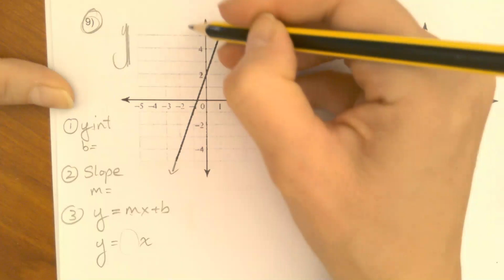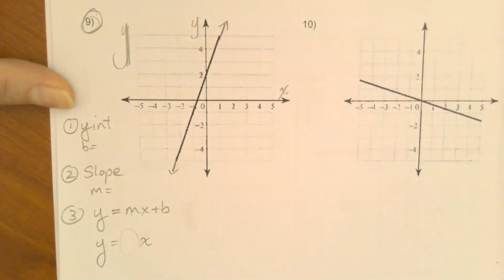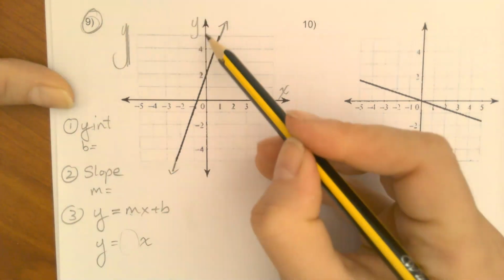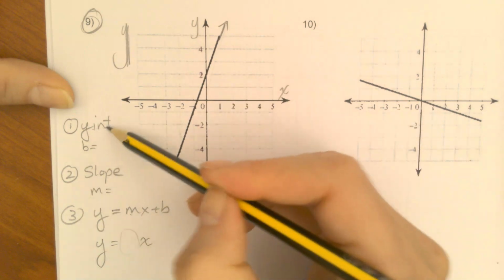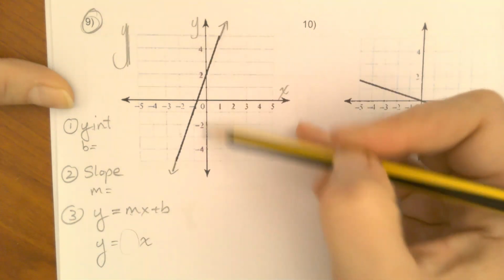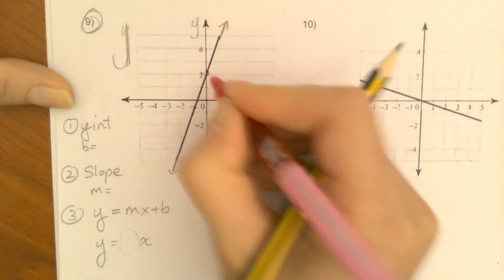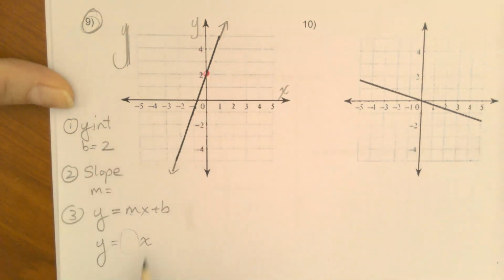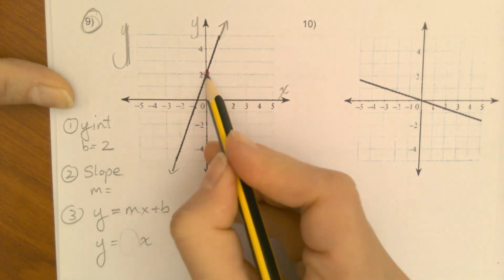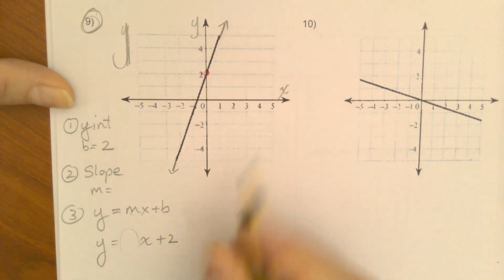So this one is y, this one is x. So we have to say, where does this line touch the y-axis? Here's the y-axis. It touches at 2. So that means b is 2. And because it's positive, we're going to go plus 2. If it was negative, we'd go subtract 2.